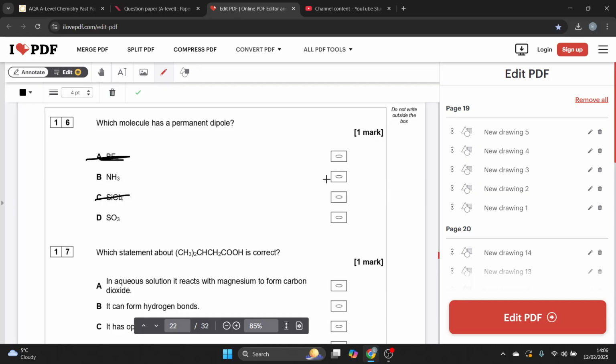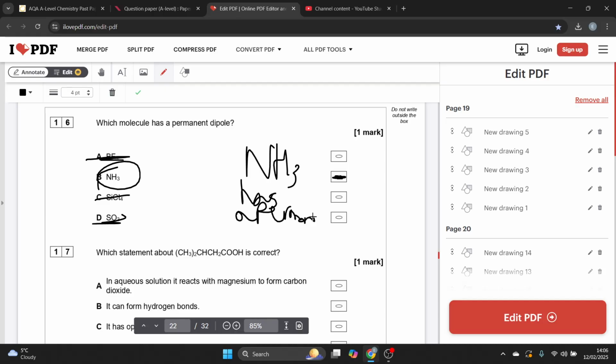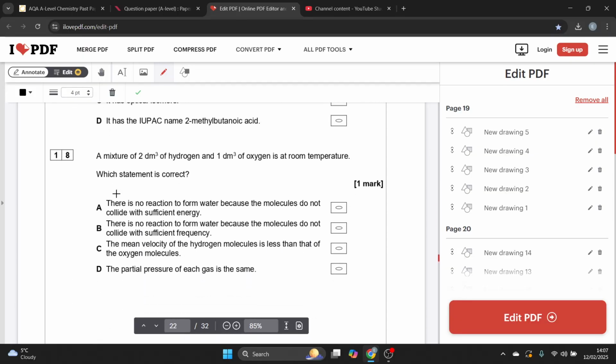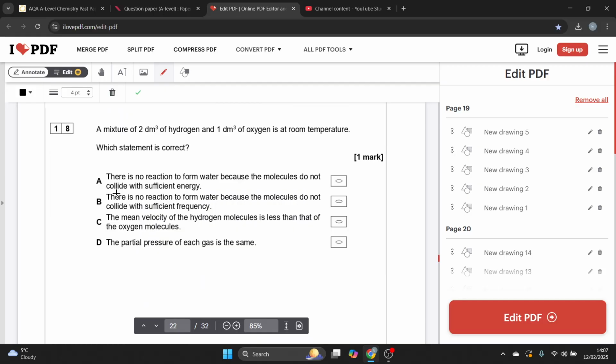NH3, yes, that will have a permanent dipole. SO3, no, that's not going to have it. So NH3 has a permanent dipole. Which statement about this is correct? It can form hydrogen bonds. That is absolutely correct.